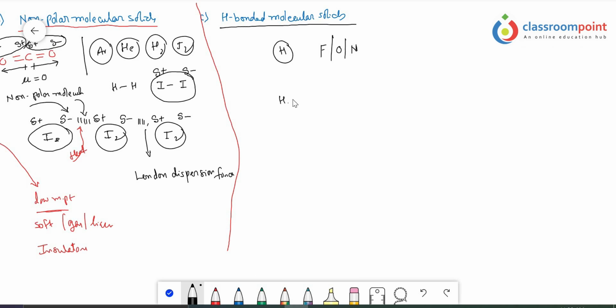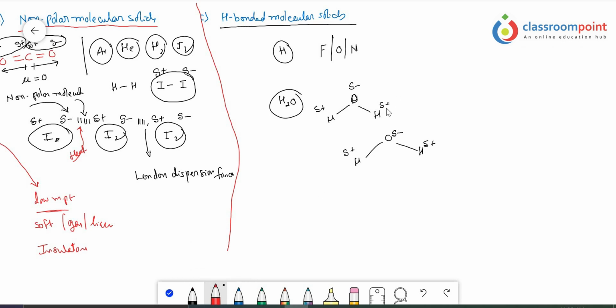If you take the H2O molecule, oxygen is connected to two hydrogen atoms, and here also oxygen is connected to two hydrogen atoms, and similarly like this. We know that oxygen is a more electronegative atom, so a partial negative charge is formed on it, and a partial positive charge is formed on the hydrogens. So partial positive charge on each hydrogen, partial negative charge on each oxygen.